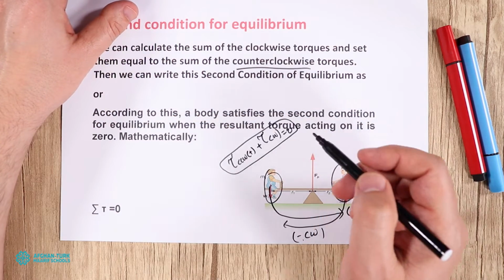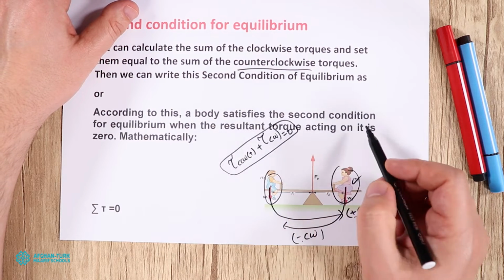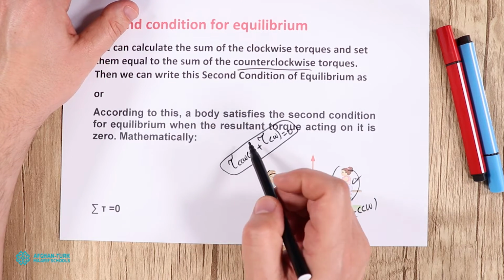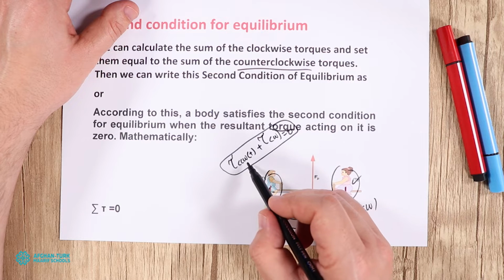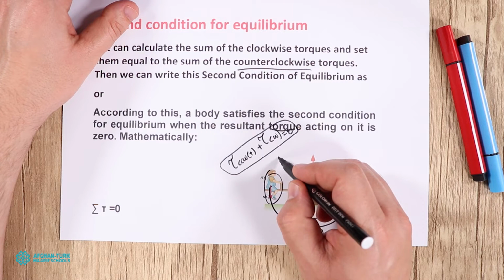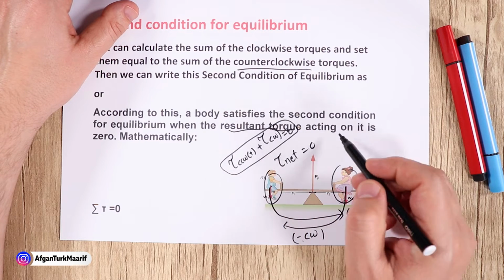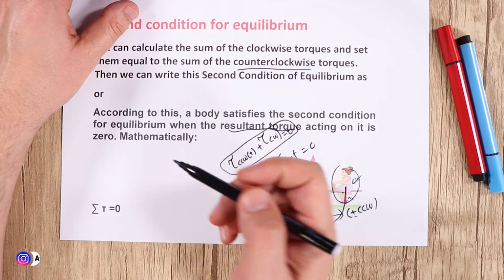Let's see another definition. According to this, a body satisfies the second condition for equilibrium when the resultant torque, the total or net torque, is equal to 0, meaning T net is equal to 0. This is called the resultant torque acting on it being 0, mathematically.